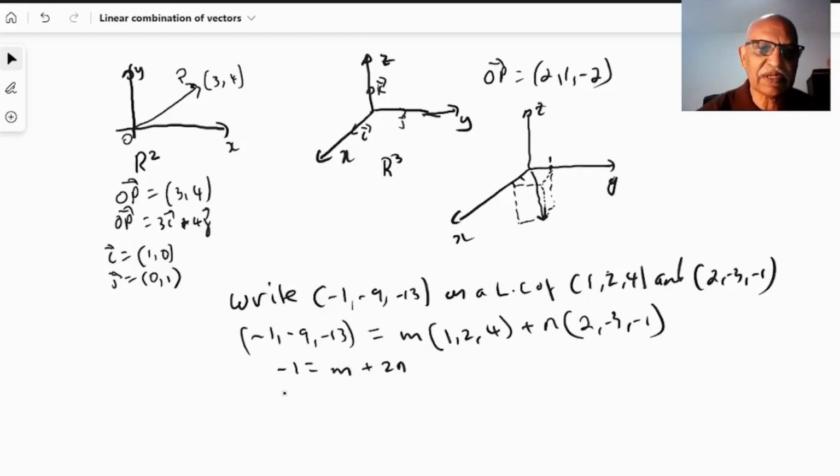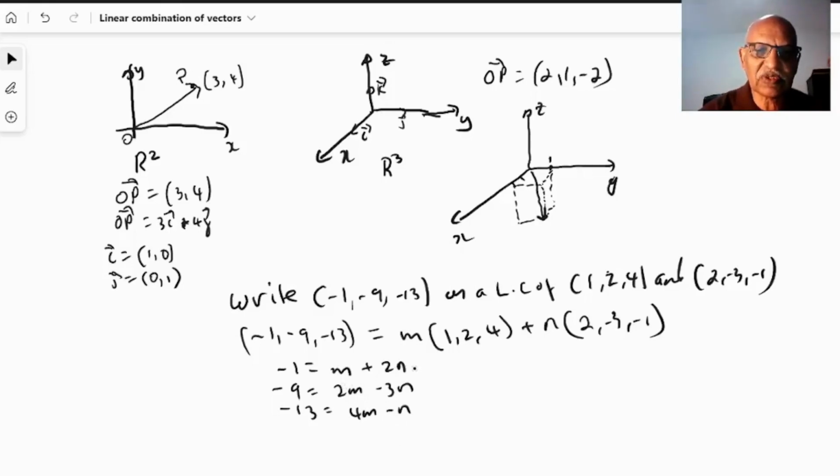And the second number, -9, must be equal to 2m minus 3n, and -13 must be equal to 4m minus n. So I would like to eliminate a variable from any two of them, solve m and n, and substitute those numbers into the third one, which I did not use.